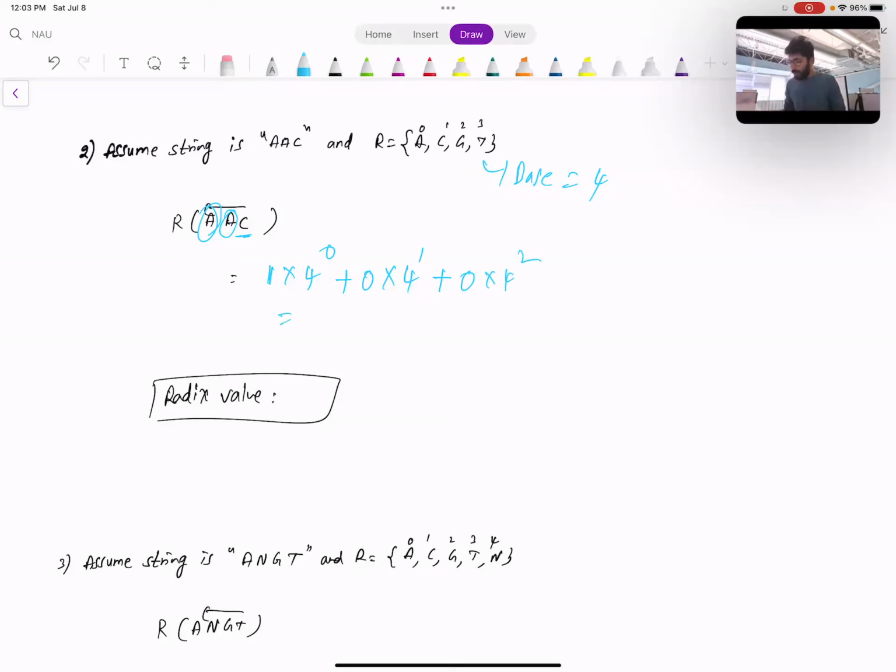Correct? So 1 into 4 power 0 is 1. This is 0 and this is 0. So here we got the radix value as 1. What does this signify? Radix value 1 denotes that it is the representation of the string AAC.